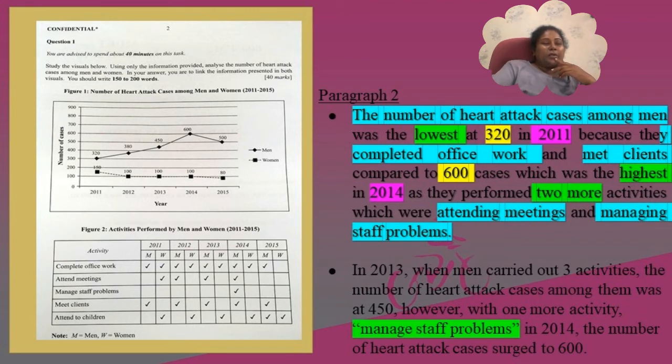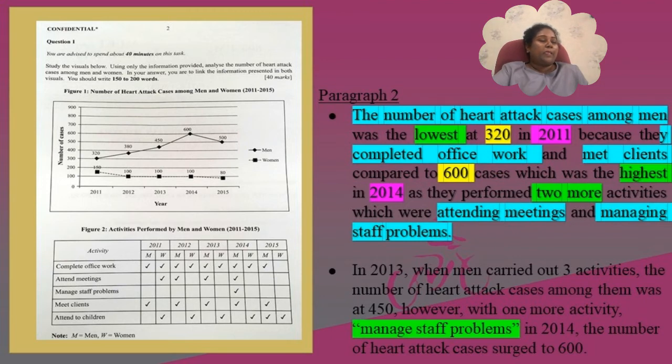So the number of heart attack cases, the data 600 was the highest, and the time frame 2014, linked with the word as: they performed 2 more activities, which are attending meetings and managing staff problems. So you can see they have already got 2 synthesis.